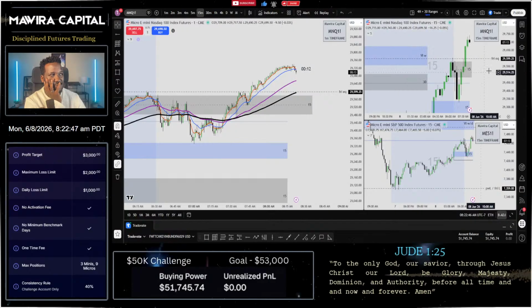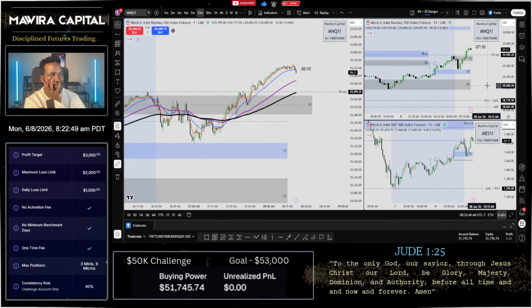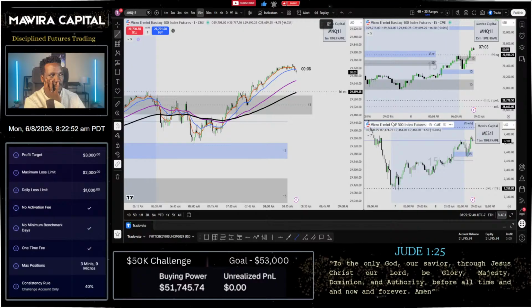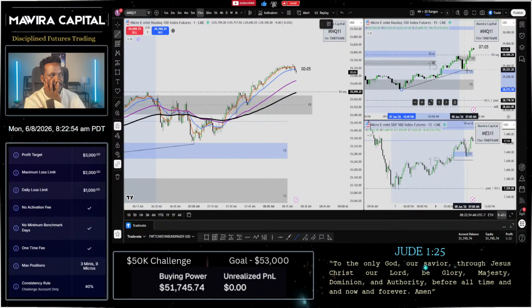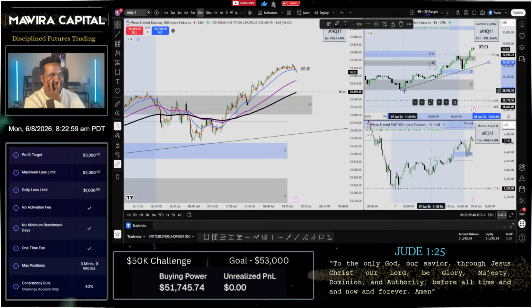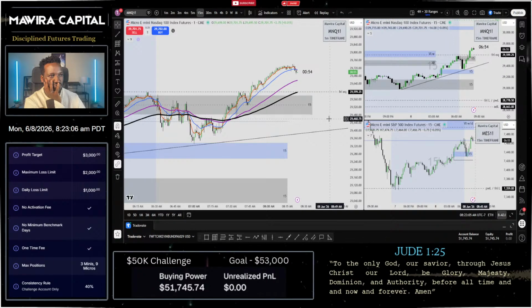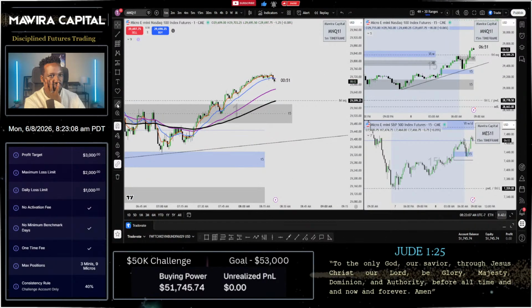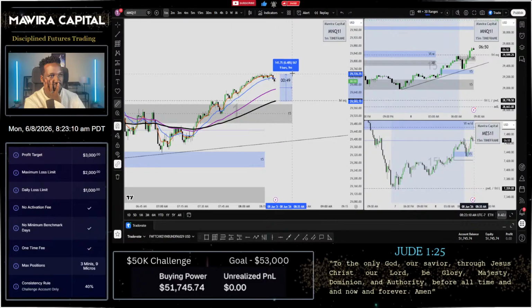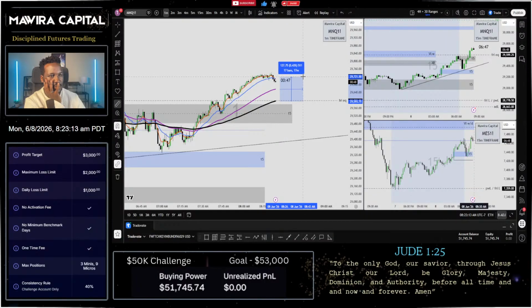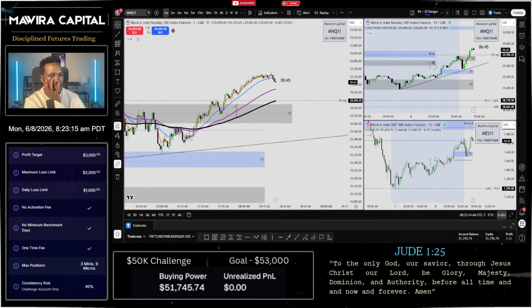Again, not to talk myself out of being comfortable with longs, but we do have like a nice touch. 140 stop. We might just do one contract.